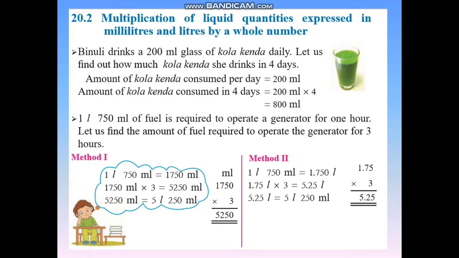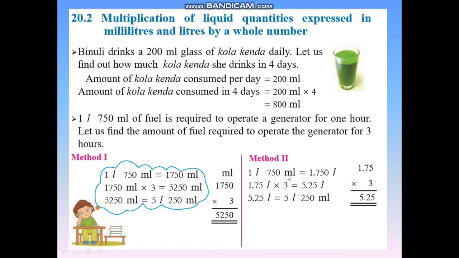How are we going to convert milliliters into liters? We have to divide the milliliters quantity by 1000. When we do that, we get 5.250 liters. That means 5 liters and 250 milliliters. This is the answer. Let's look into the next method.